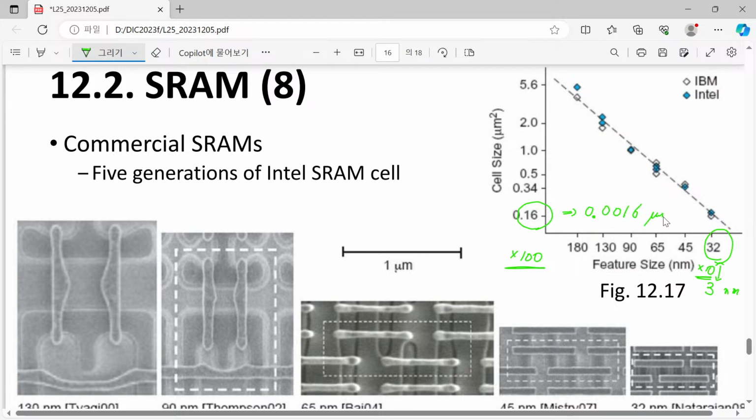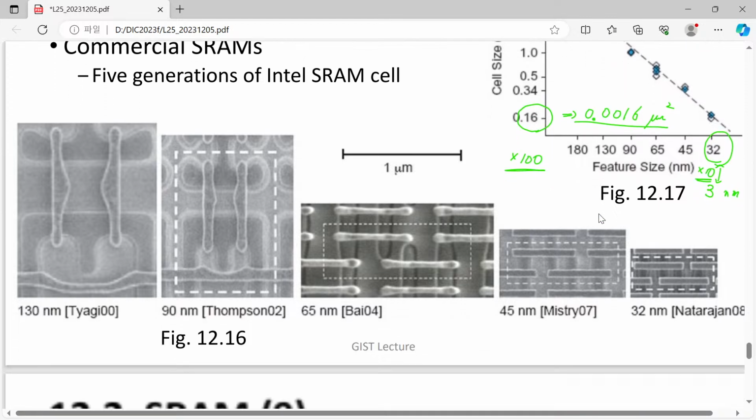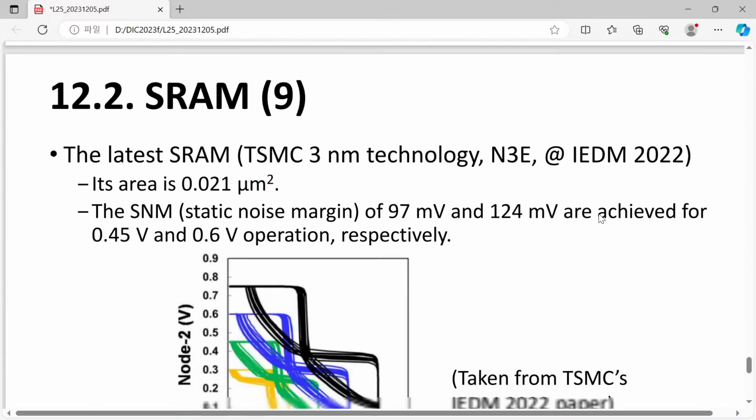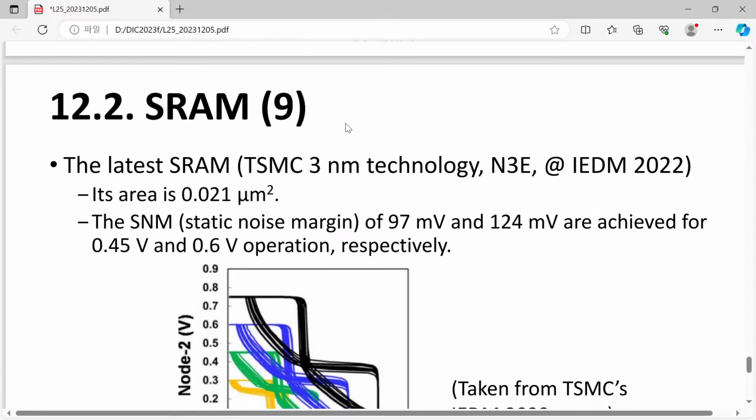0.0016 micrometer square. But everybody in this room understands that is not the situation. We are now showing the latest SRAM, which was announced at our previous IEDM, one year ago, and its area is smaller than that previous one.